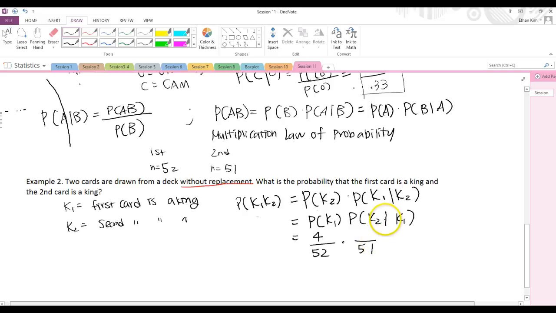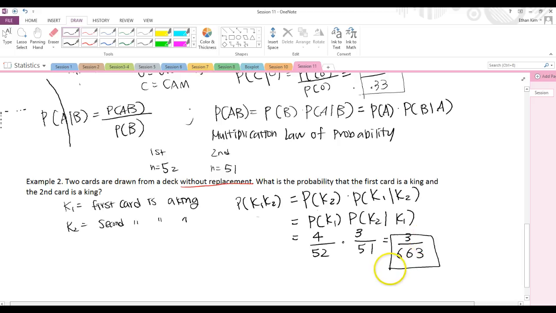And how many kings are there left after choosing the first as a king? There are only 3 left. So if you calculate this, we can cancel this out, so it's going to be 3 over 26 times 51, so that's going to be 1 over 221. So this is the answer.